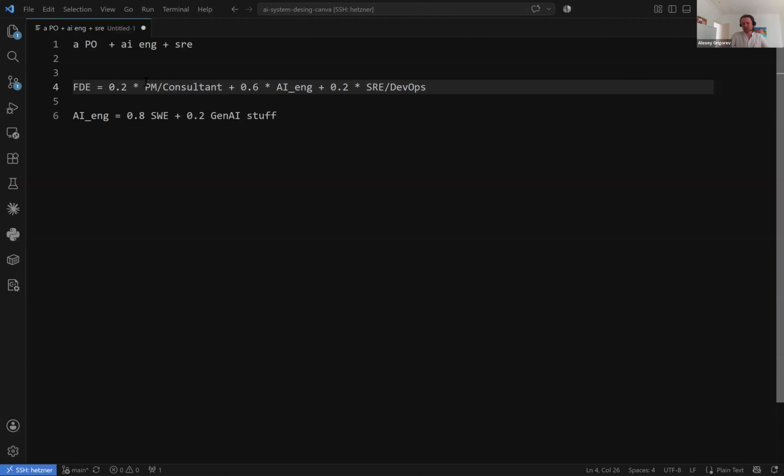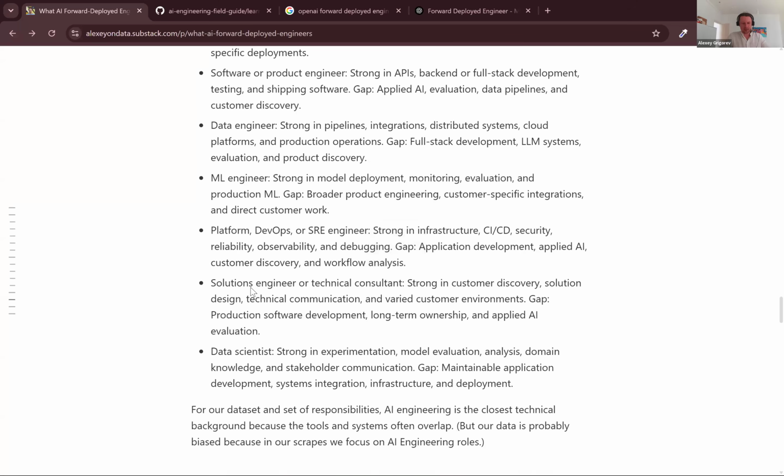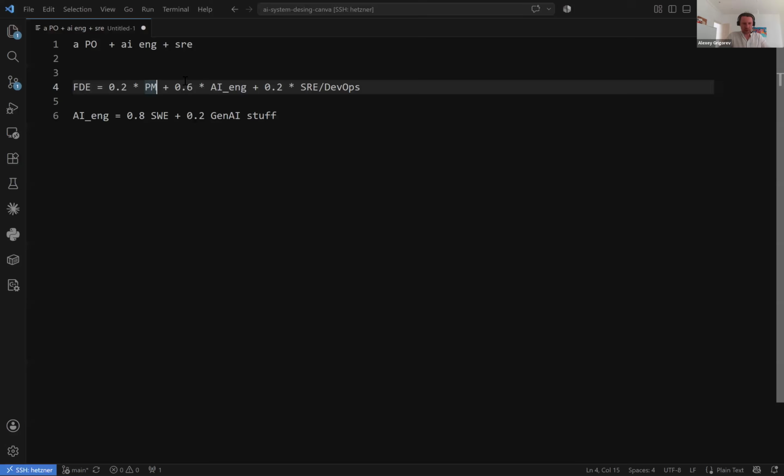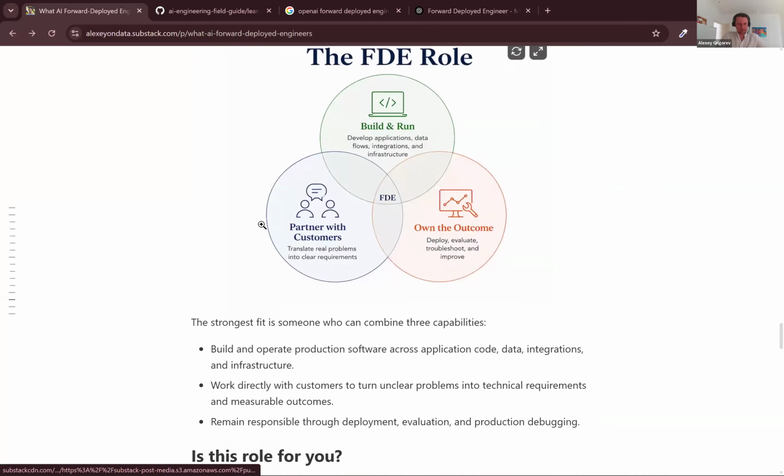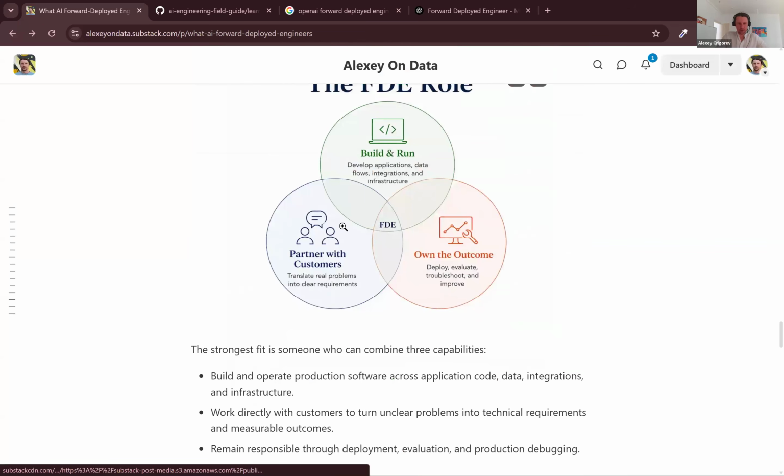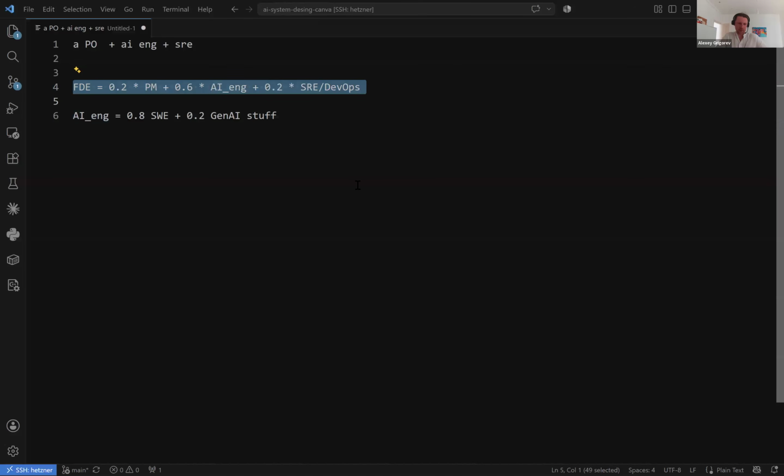Well, this is what consultants do. I'll leave it as PM, but this is what solution engineers also do. They can do prototypes, but they don't necessarily do all of this, maybe only half of that. So you need to build, you need to work with customers, and you need to own the outcome. And I think this is what I try to describe here as this formula.